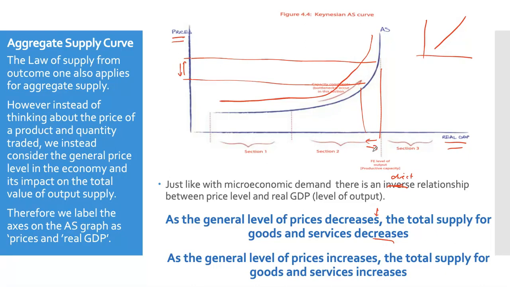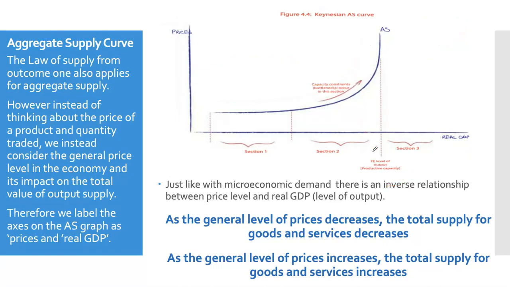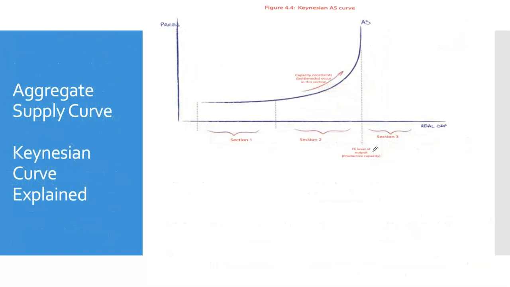But importantly, what we are hopefully intrigued by is why is this supply curve curved? Let's think about this Keynesian curve. How do we explain it? Why are there what I'm going to call three sections to this curve?